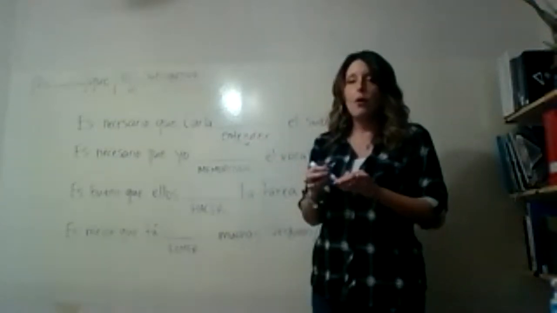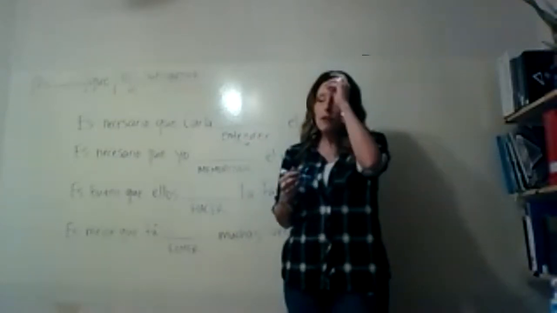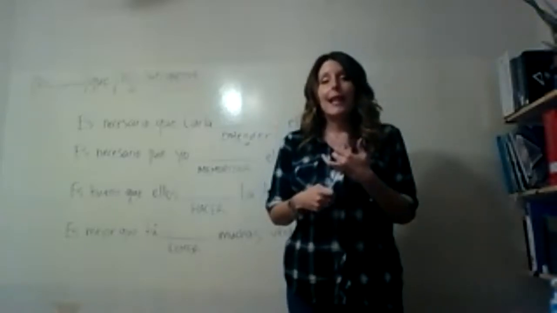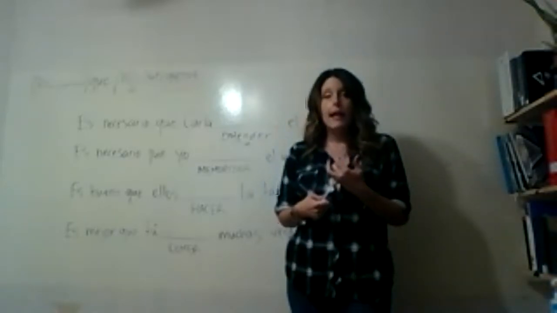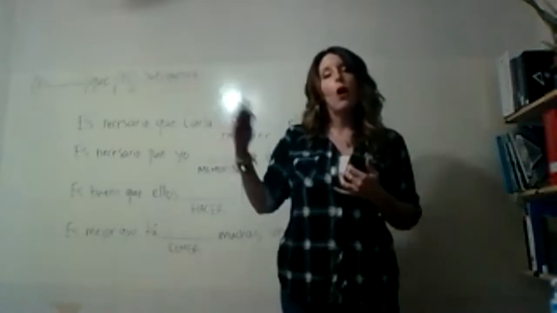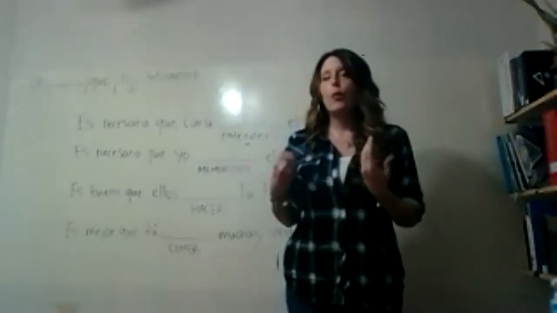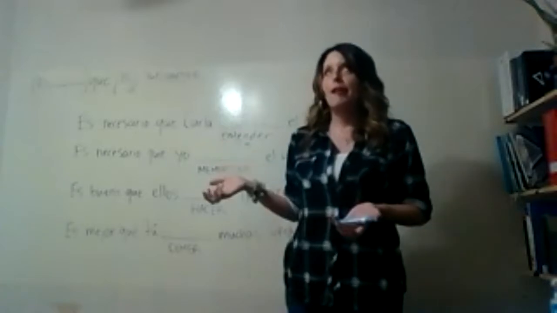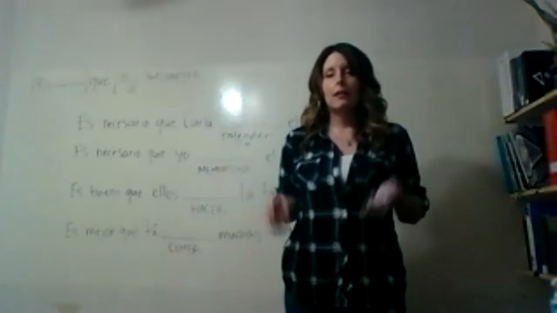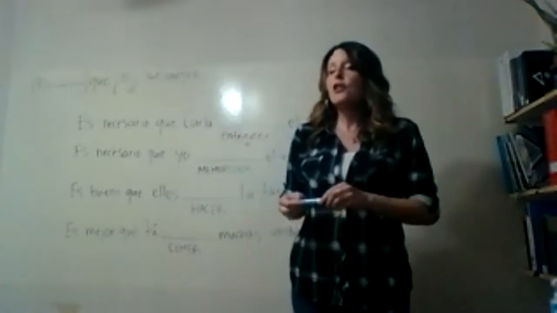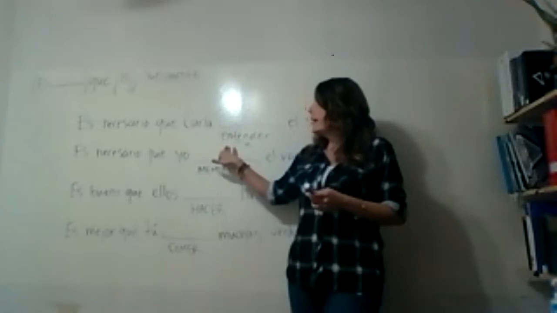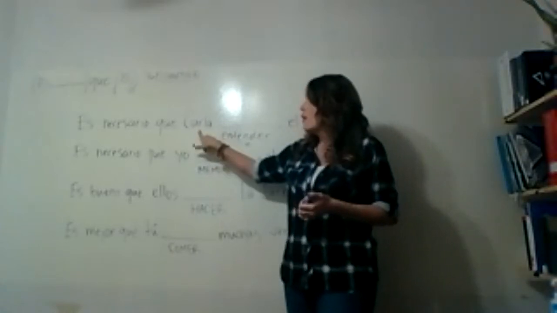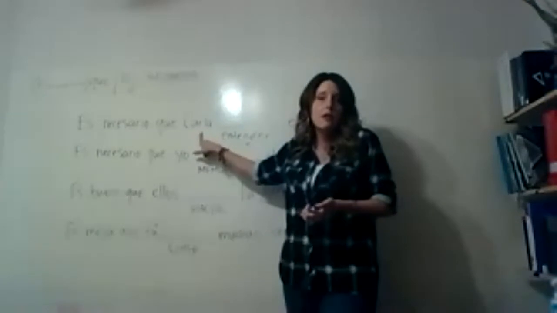If we went through all the motions and took that verb to the yo box of the present tense, we would get entiendo. We would drop the O, and then we would add the appropriate subjunctive ending. Since that's an ER verb, our subjunctive endings are kind of like AR verb endings. So we need to conjugate entender, our E to IE stem change verb, based off of Carla, that's just she.